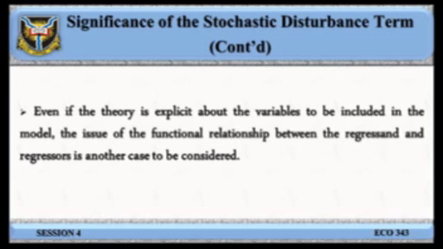In the case of the former, Yi = beta 1 + beta 2 Xi + ui is the appropriate functional relationship, while if it is the latter, Yi = beta 1 + beta 2 Xi + beta 3 Xi squared + ui will be the correct specification.